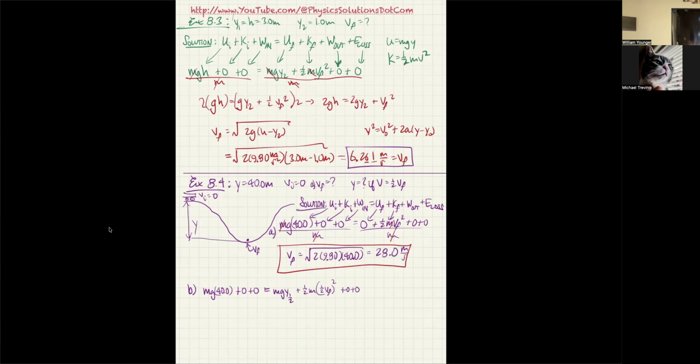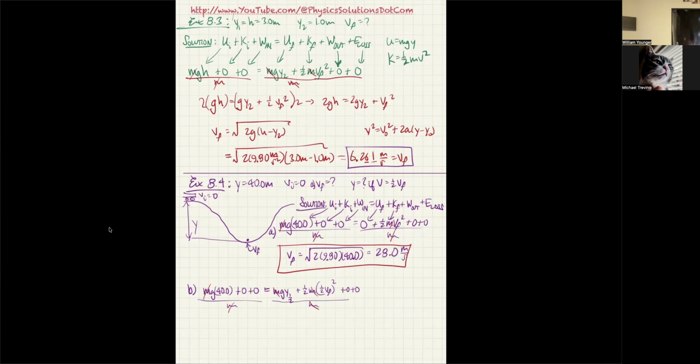And we can again divide both sides by m. That m is going to cancel out with that m, and this m is going to cancel out with these m's. So I just need to plug the numbers in.